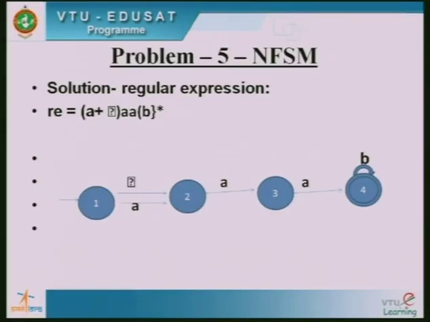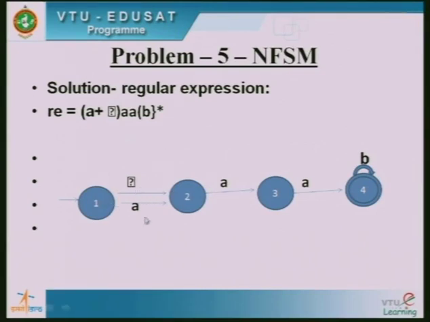You will have to follow the same procedure, and the same procedure will be followed even when there is an epsilon transition. What I mean to say is that this procedure will be slightly different when there is an epsilon. For example, in the one I have indicated, wherein there is an epsilon transition, you cannot do this problem in the same way as we have done today, because here there is an epsilon from 1 to 2.